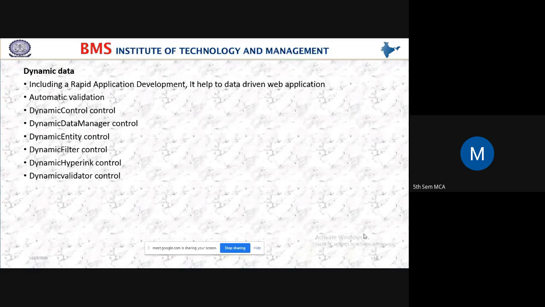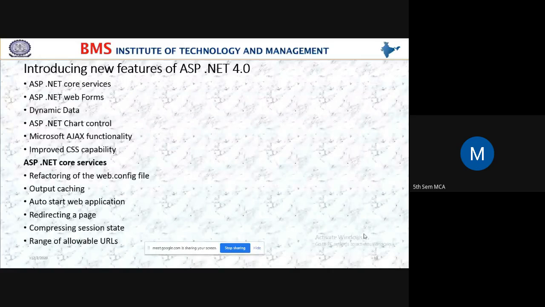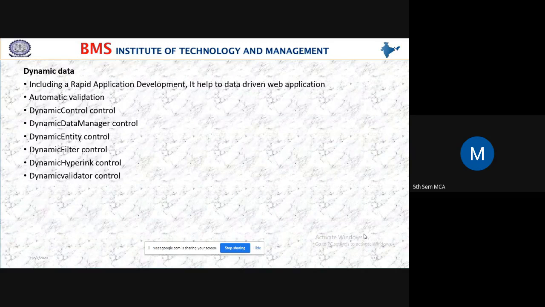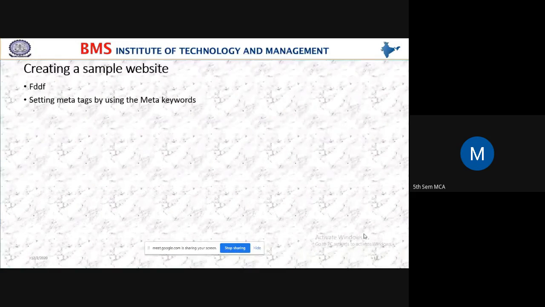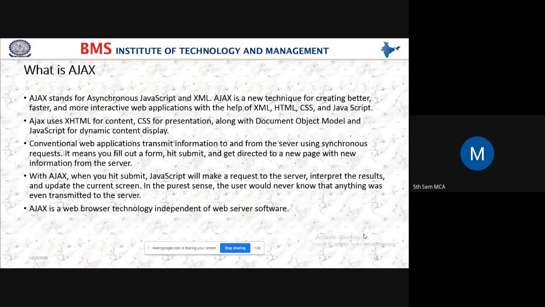So in the last class, we saw the introduction to ASP.NET, and we saw how to create a simple website. We also saw the controls we use in ASP.NET, the text box, and the validation part, which I showed you in the last class.